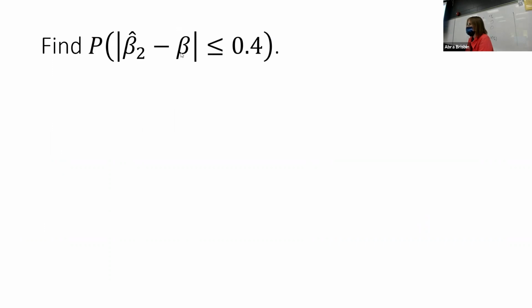And we want to show that that probability doesn't approach 1 as n approaches infinity. So here we're using epsilon equal to 0.4, which is the same value that you used in lab yesterday.